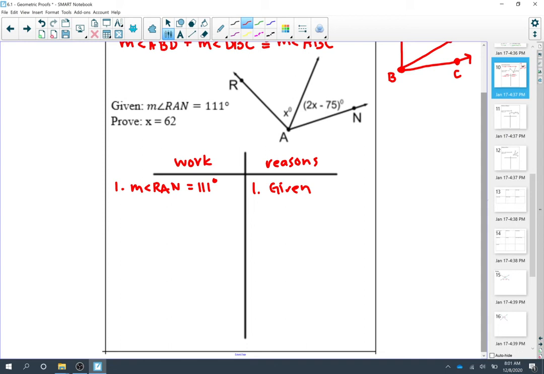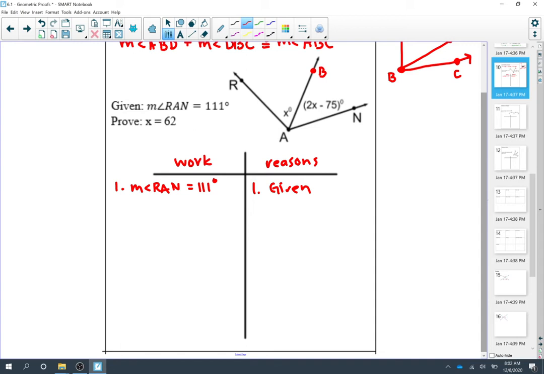Now there is something missing from our picture here. We're missing a letter, so for the sake of argument, I'm going to add on the letter B. Now we have to prove that x is 62, and the only thing we're given is this and the diagram.